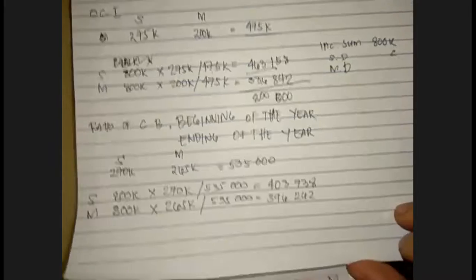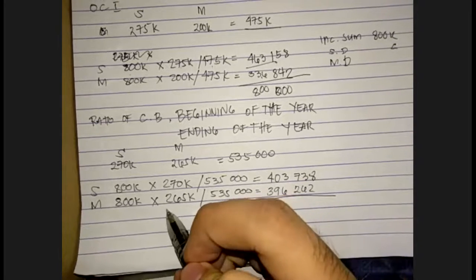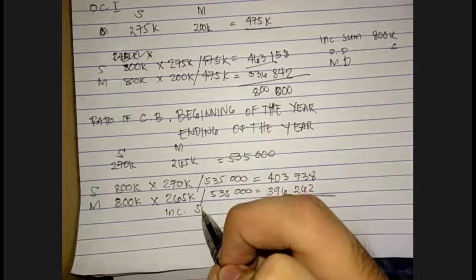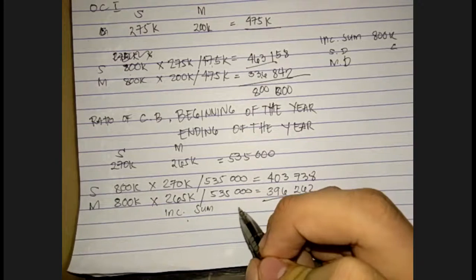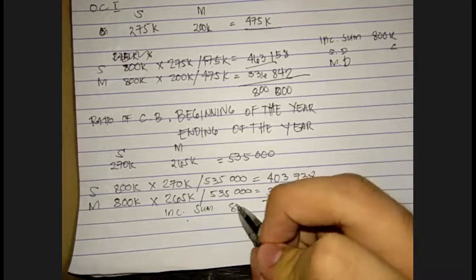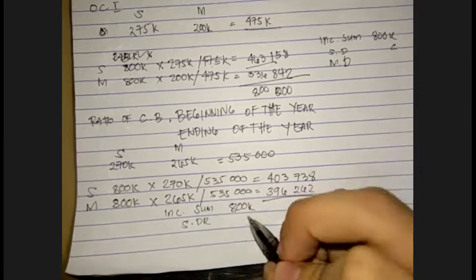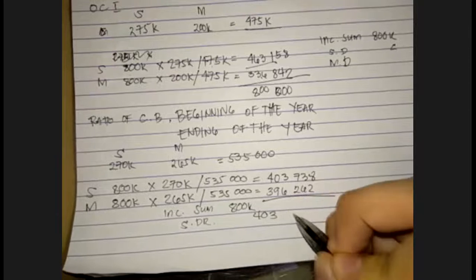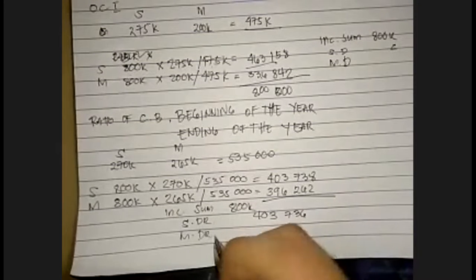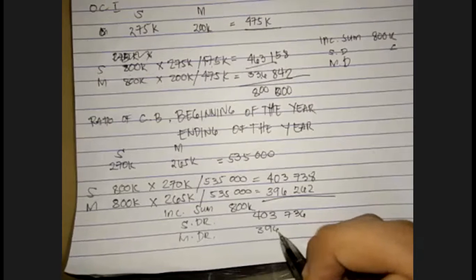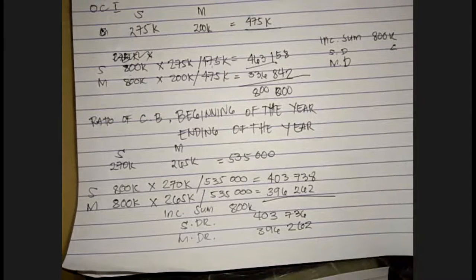To record this is debit ng income summary na 800,000, credit ng S drawing na 403,738 and M drawings ng 396,262. Yan.